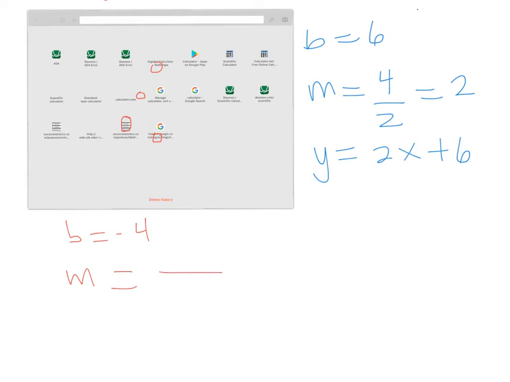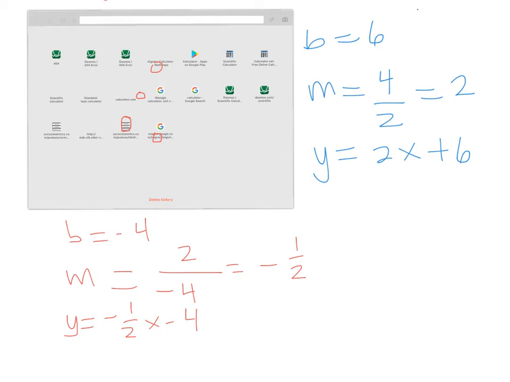So the change in y is positive 2. The change in x, we're going from 0 to the x value of negative 4. So we're going left, in the negative direction, so that's a negative 4. So simplifying, we get slope of negative 1/2, and that gives us the equation for that line: y equals negative 1/2 x minus 4.